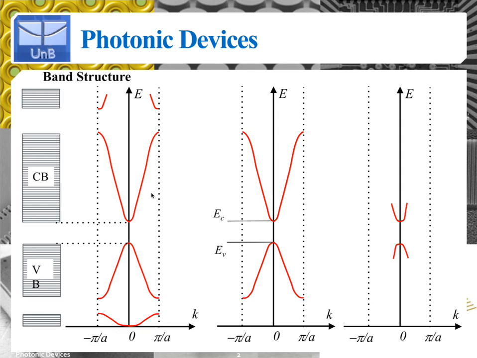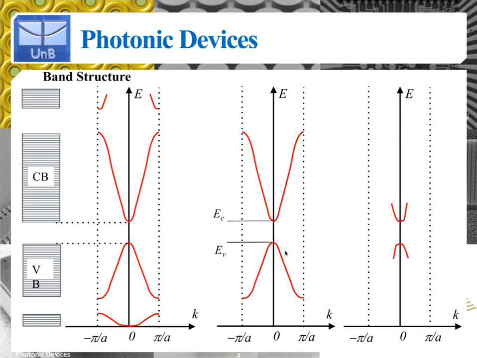But in optoelectronic devices, since we're interested mostly in band transitions from conduction band to valence band and vice versa, the reduced zone picture will suffice. And actually, we're going to be mostly interested in things that happen between the conduction band, which is the lowest one that's unoccupied, and the valence band, which is the highest one, which is completely filled.